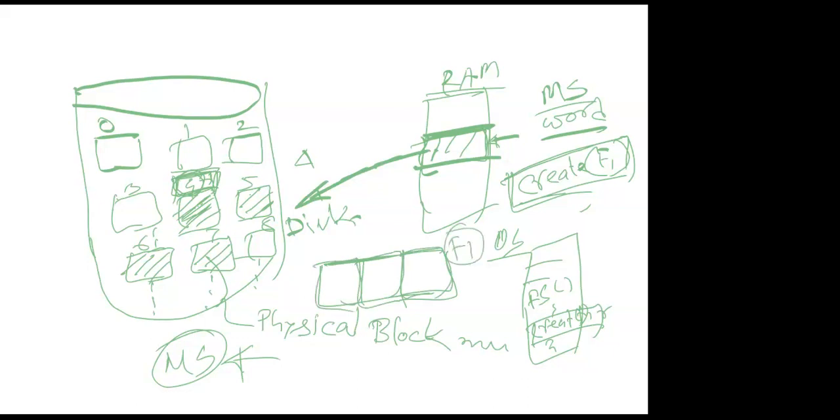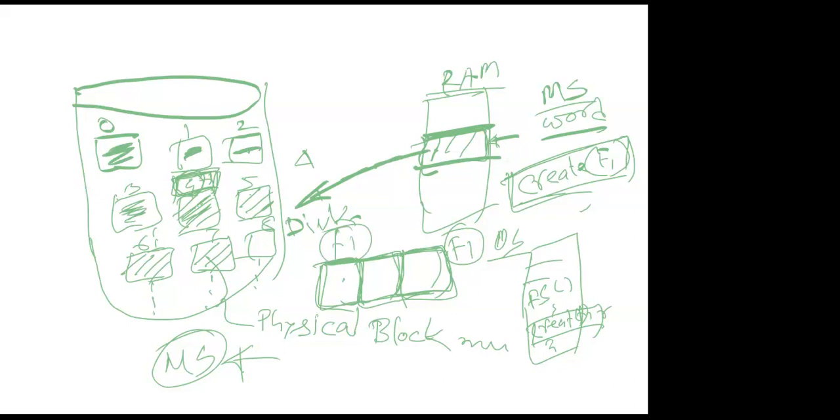For this file f1, it will divide it into some blocks, and then, depending on the allocation algorithm, it will figure out some blocks inside the SSD where this file fits to be written.